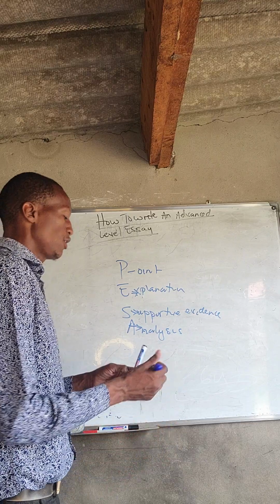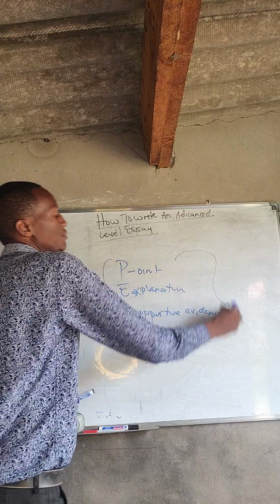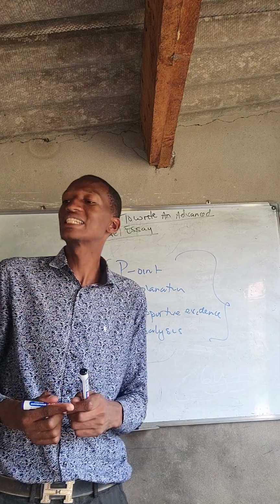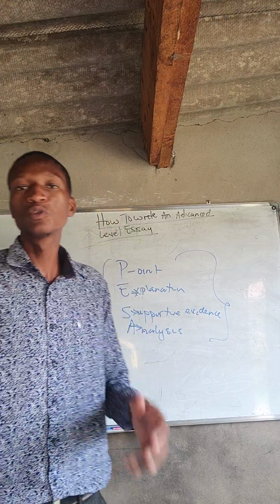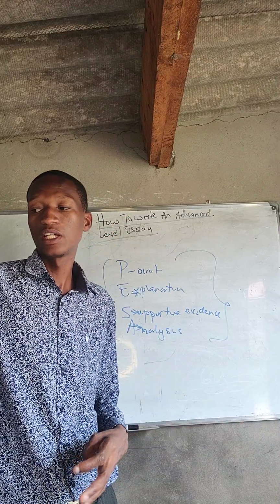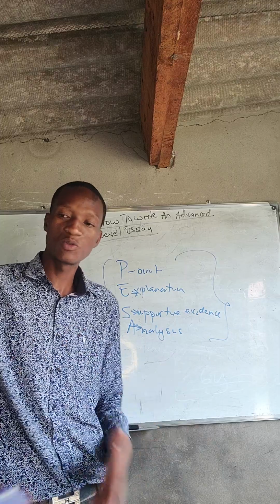All your paragraphs must contain all these four aspects, because these are the major terms which examiners are going to track down to decide you are competent for better marks. The PESA system is very easy to use.